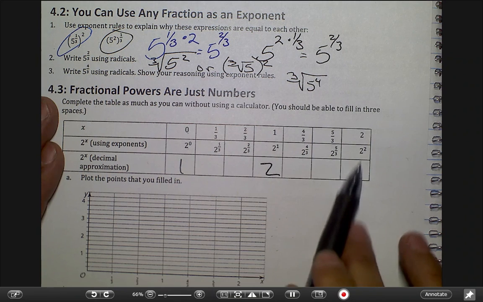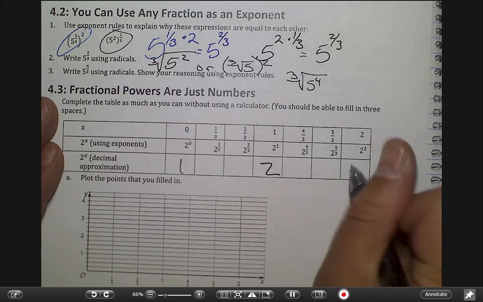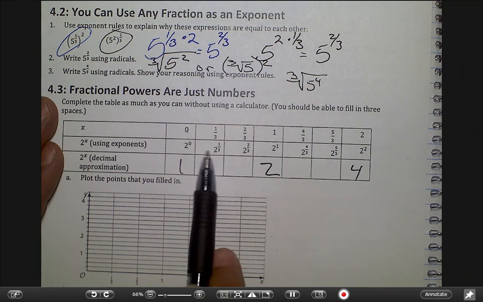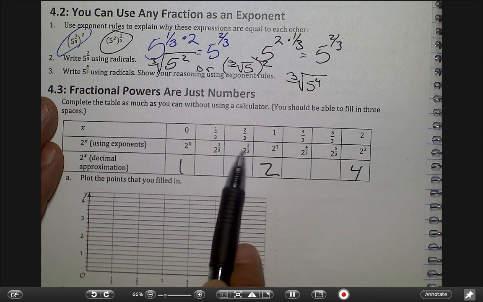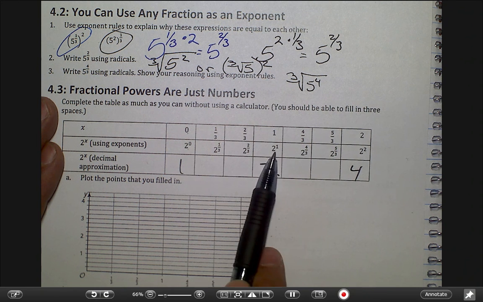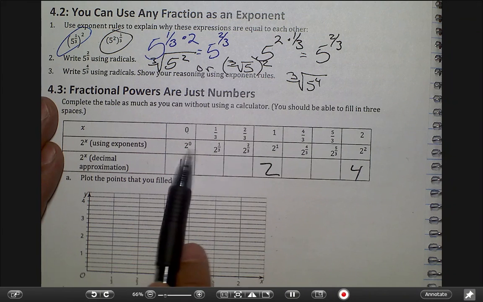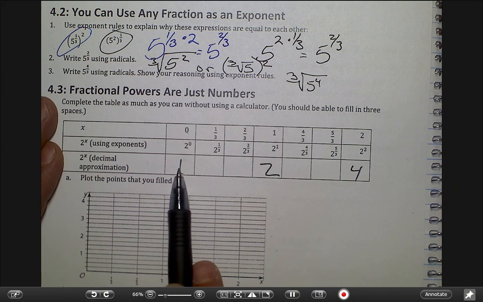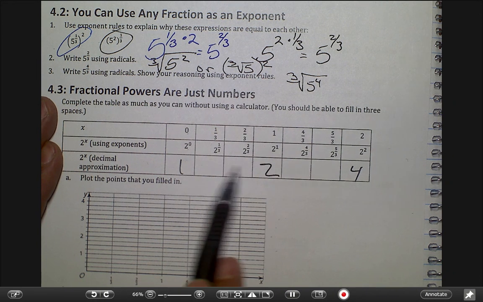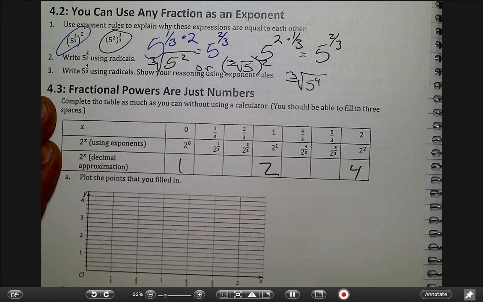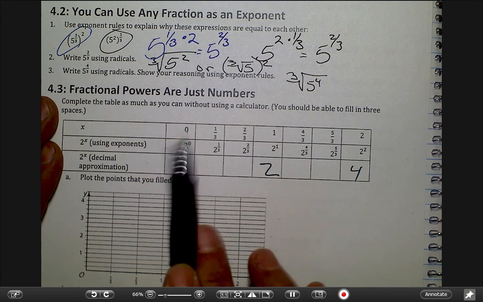And this one over here, 2 to the 2nd power? Okay. So in a fraction, 1/3 is between 0 and 1, isn't it? 2/3 is also between 0 and 1, right? So my answer to these should be between 1 and 2, right? Okay. So it should be 1 point something for both of these.